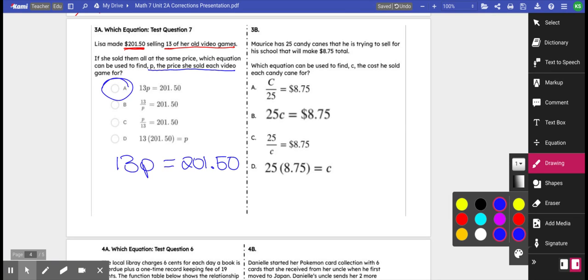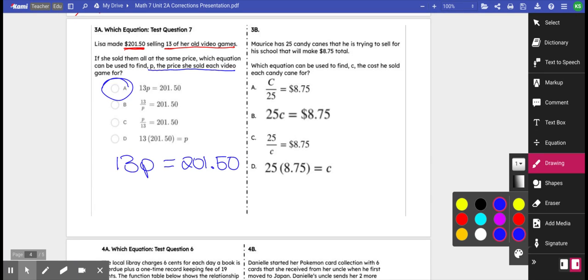Okay. So D doesn't make sense because she's not selling each video game for $201.50. That's her total. She wishes she was selling them all for $201.50. That would be wonderful, but that's not correct. If I divide the price per video game by the number, it's not going to equal the total.